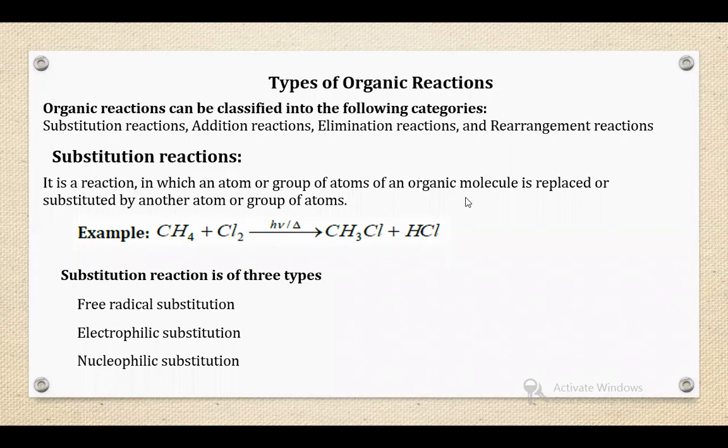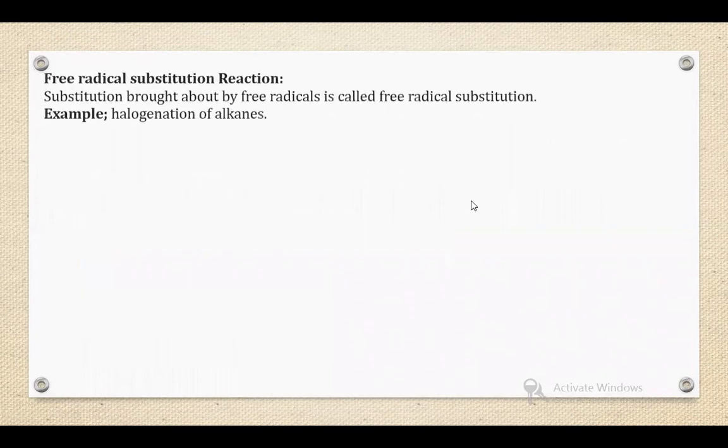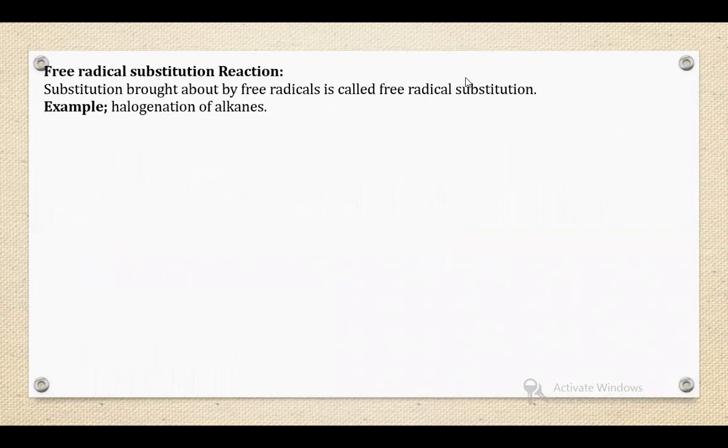So what are the free radical, electrophilic and nucleophilic reactions? First one, free radical substitution reaction. In free radical substitution reaction, substitution is brought about by free radicals, meaning substitution takes place by free radical halogenation reaction. Halogens are group 17 elements.